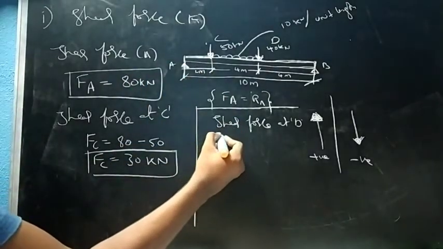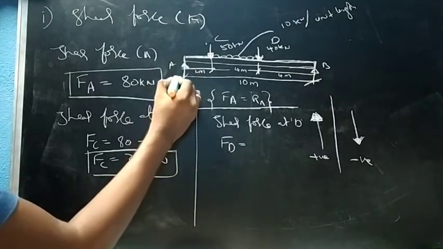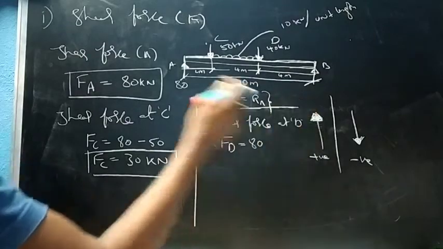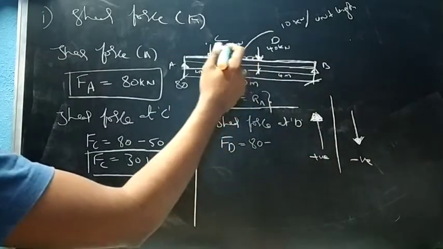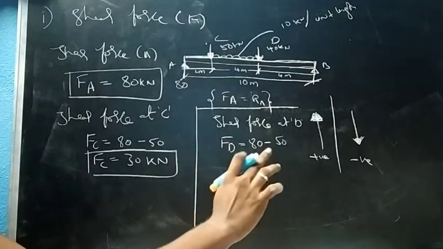Shear force at D, that is FD equals to, this is 80, right? 80 is positive because upward direction, minus 50, which is downward direction, that's why minus.